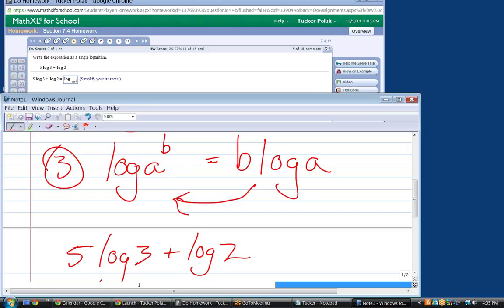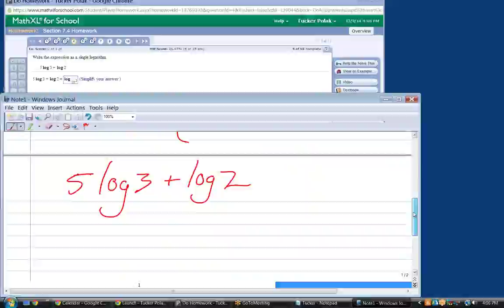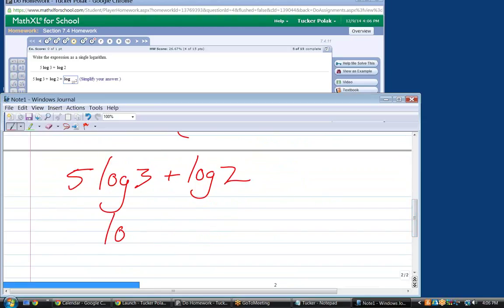In other words, we're looking at some number times the log of 3. What we're looking at over here, 5 log of 3, is b log of a. So compress it into the log of a to the b power. Okay, so it'd be log 3 to the 5th power. Correct. So that's the first thing we can do.